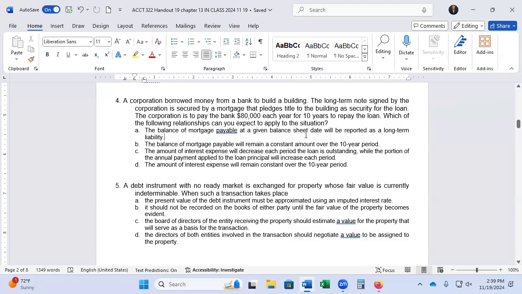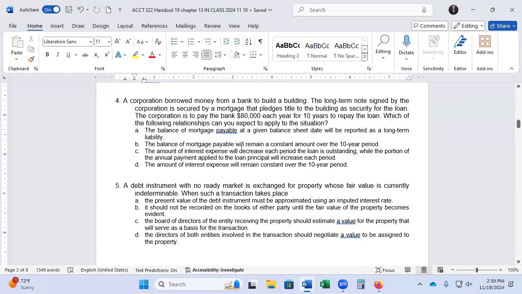The balance of mortgage payable will remain constant over the 10-year period. So that only remains that on a lump sum payment at the end, not when you're making payments, right? Anybody bought a car here? No. So the way the car works, it's very similar to the way that we're talking about here.